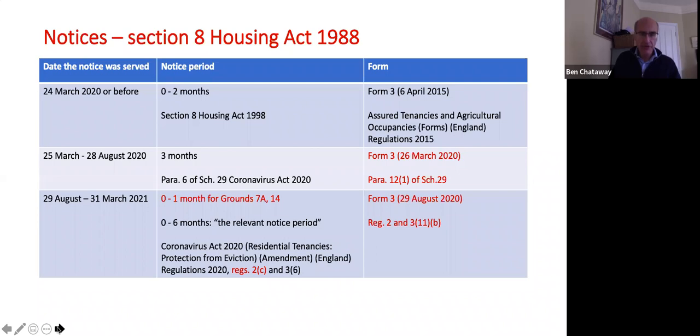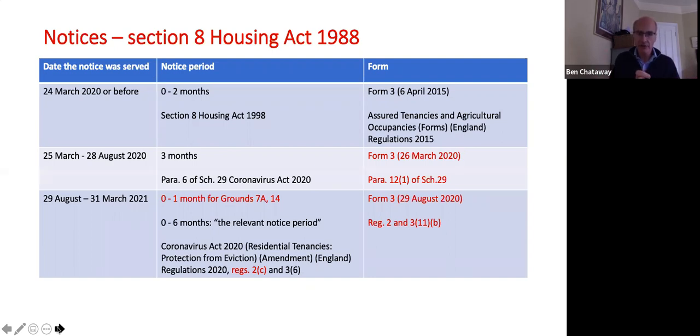And I want to make 3 points really about these kinds of notices. The first is that you've got a very similar last resort argument that relates to the notice period. And this explains why you've got that bit of red text.